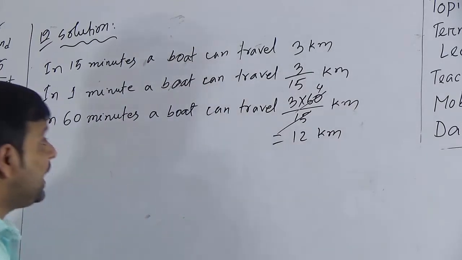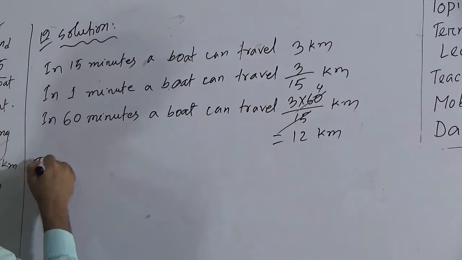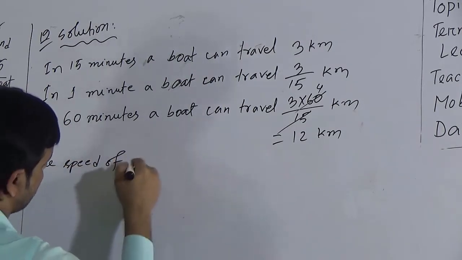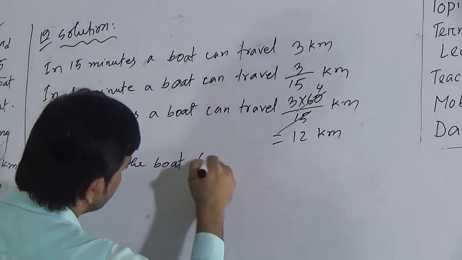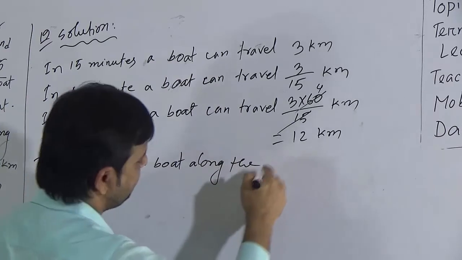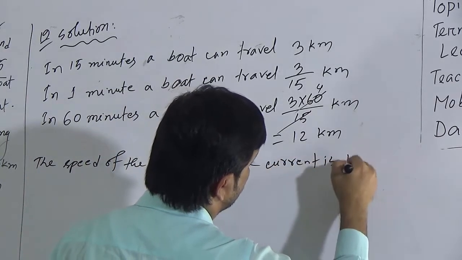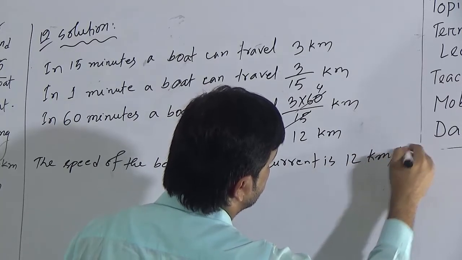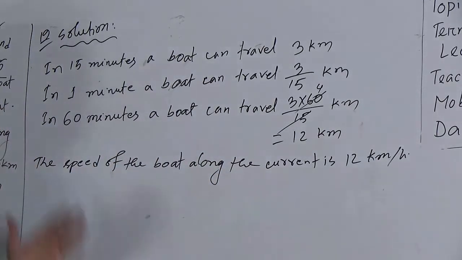Therefore the speed of the boat along the current is 12 km per hour. This is the speed of the boat along the current.